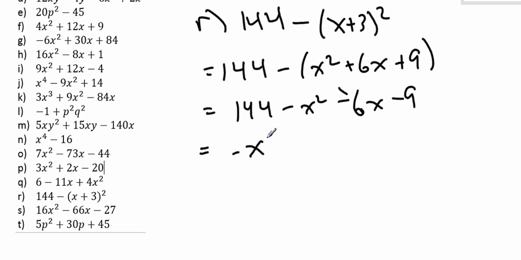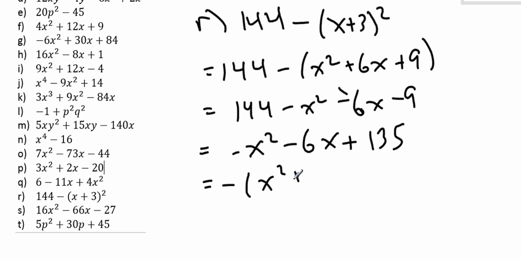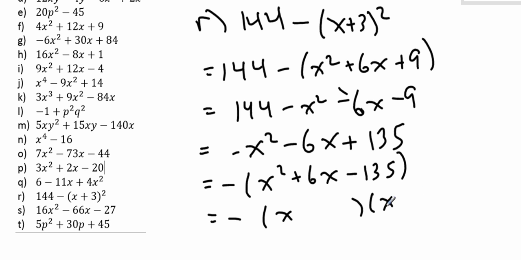Let's rearrange. 144 minus 9 is positive 135, and then I'm going to factor out the negative. And then I need to find two numbers that multiply to negative 135 and add to 6.